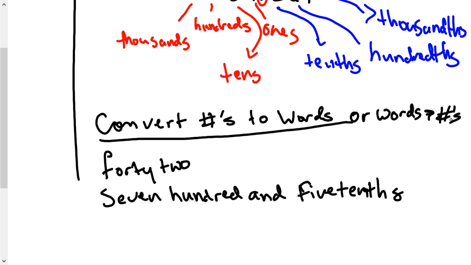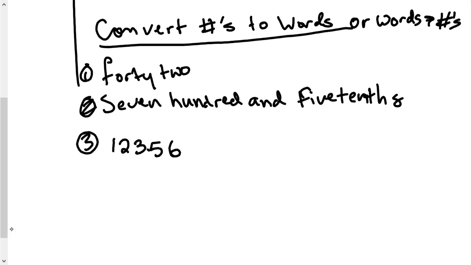Sorry, I forgot that I had an example that was also the other way. 2, 3, all right, so those are our 4 examples that we're going to deal with.